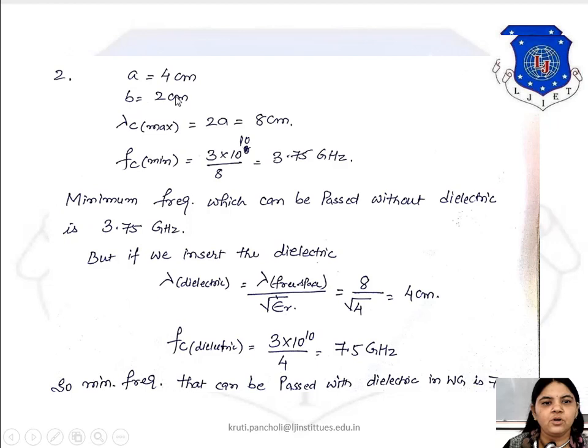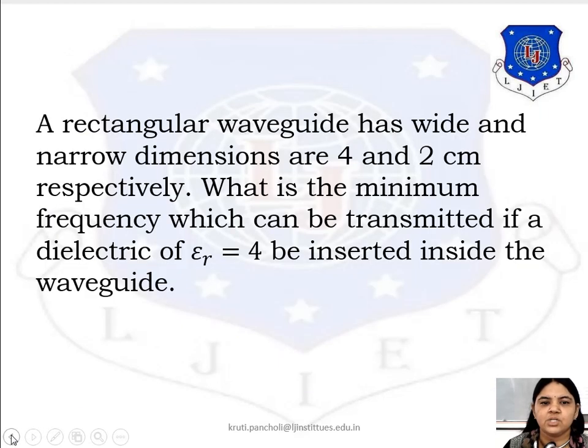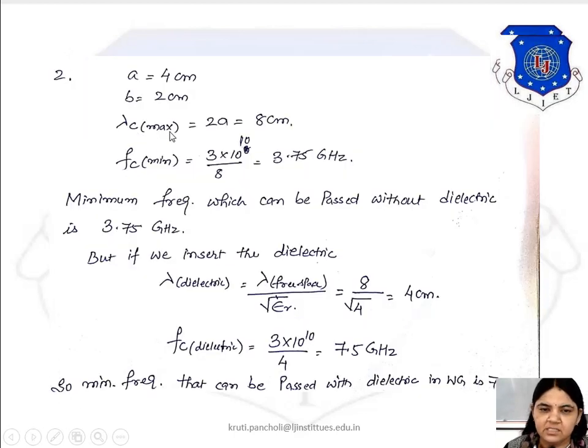A is equal to 4, b is equal to 2, wide and narrow dimensions. Lambda c is 2a, so it is 8 centimeter. fc is 3 into 10 raised to 8 upon lambda c, so 3 into 10 raised to 8 upon 8 centimeter equals 3.75 gigahertz.